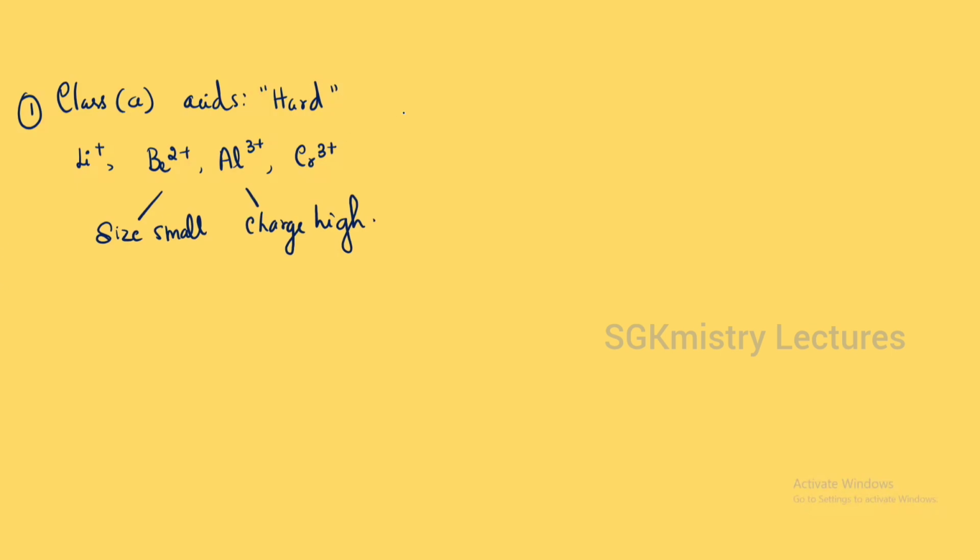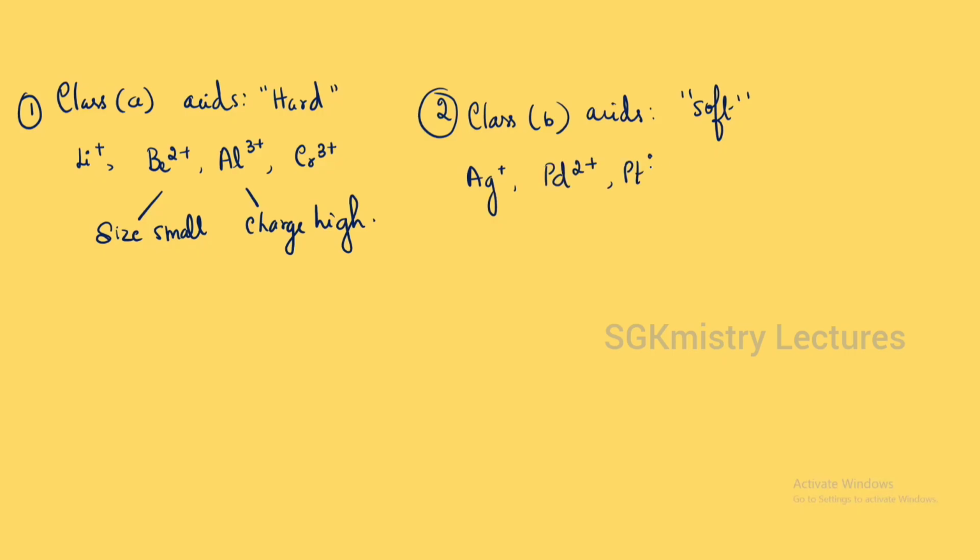Next, talking about the second category, that is class B acids, which are nothing but the soft acids. So we know that these are the cations which we are taking from the higher or the heavier transition elements, right? So for example, we have the Ag plus with low oxidation state, then we have Pd2 plus or Pt2 plus, right?